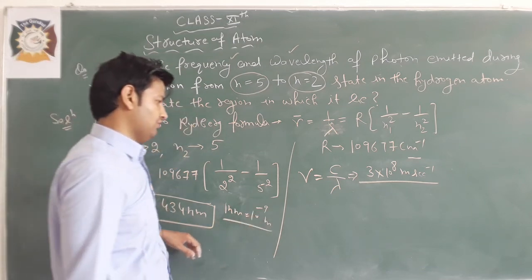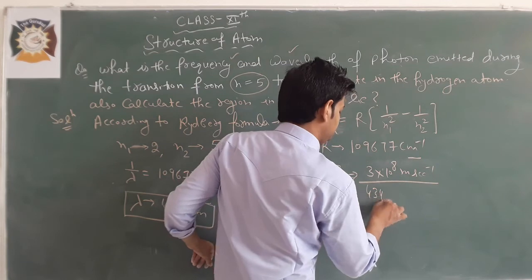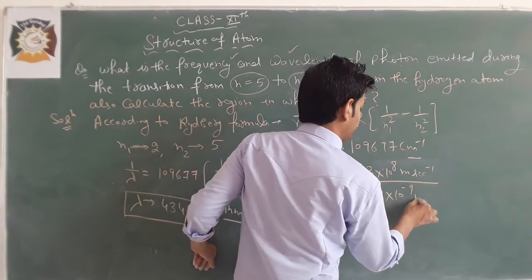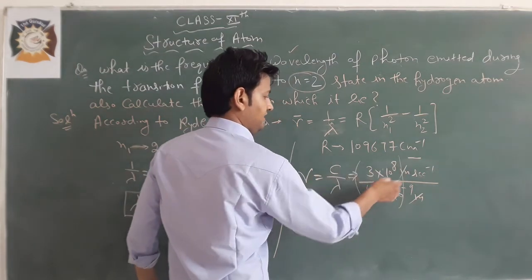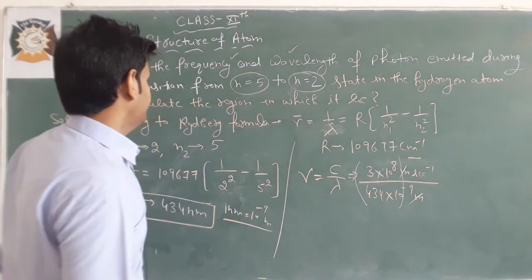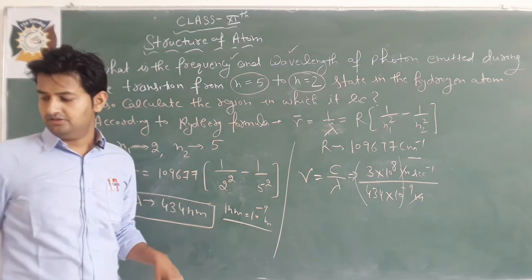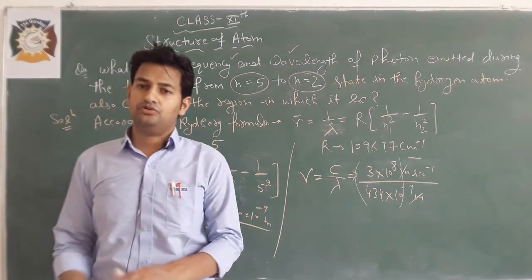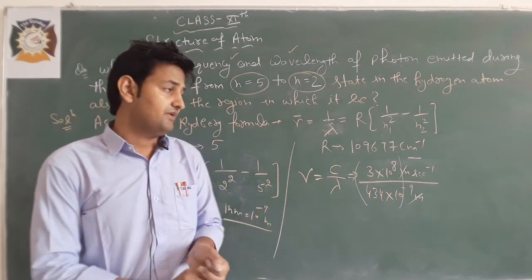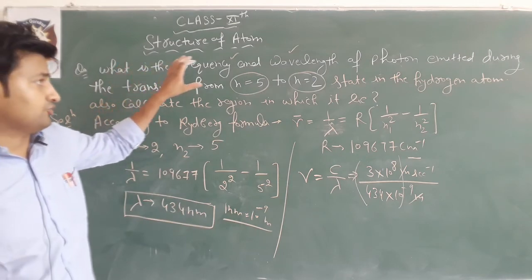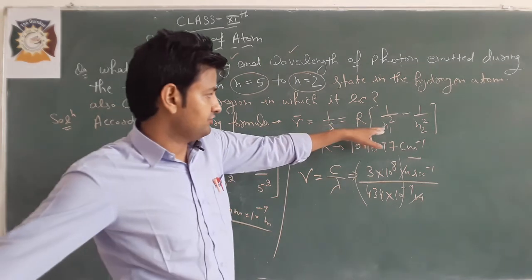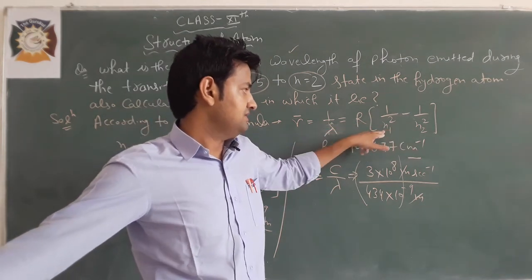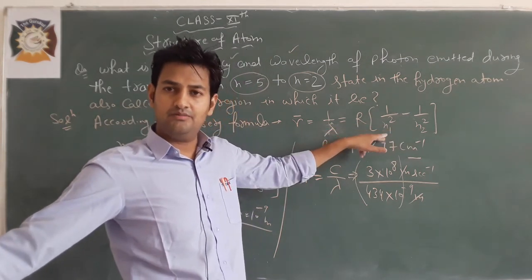So it is 434 into 10 to the power minus 9 meter. So the frequency comes out in second inverse. Such types of questions are asked in the exam based on the hydrogen spectrum, in which we have to calculate frequency, wavelength and also the region in which the electron is present.